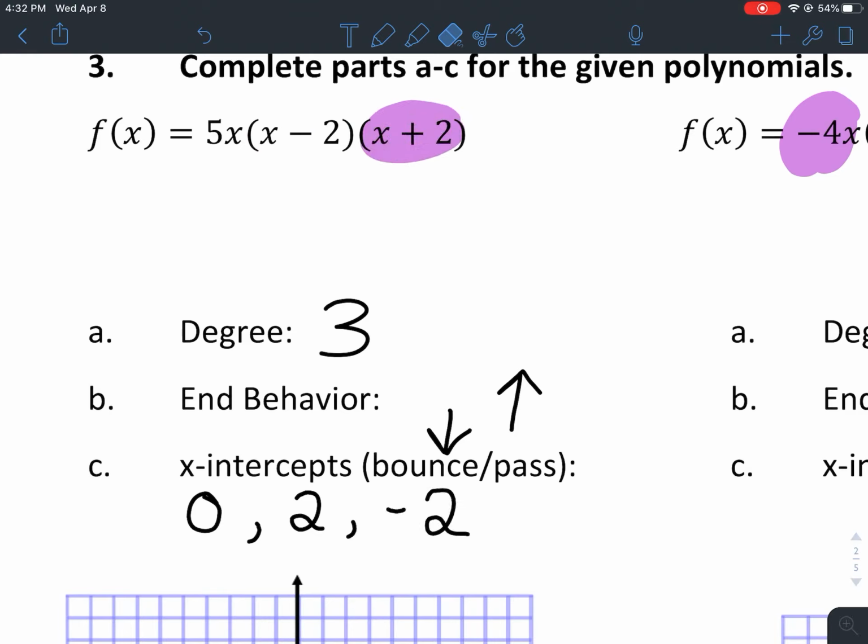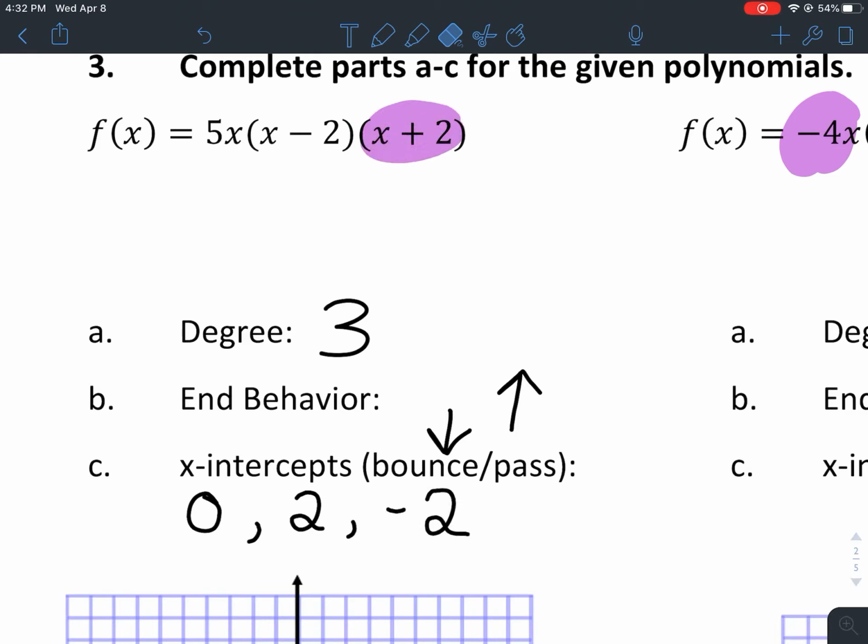If I look at the second one here, and again, I'm looking at the exponents on each of the factors. For the first one here, at the x-intercept of 0, we see that the exponent on the factor is 1. 1 is an odd number, so it's going to pass through that point. 3 is the exponent on the next factor, and that's also odd, so it's going to pass through that point.